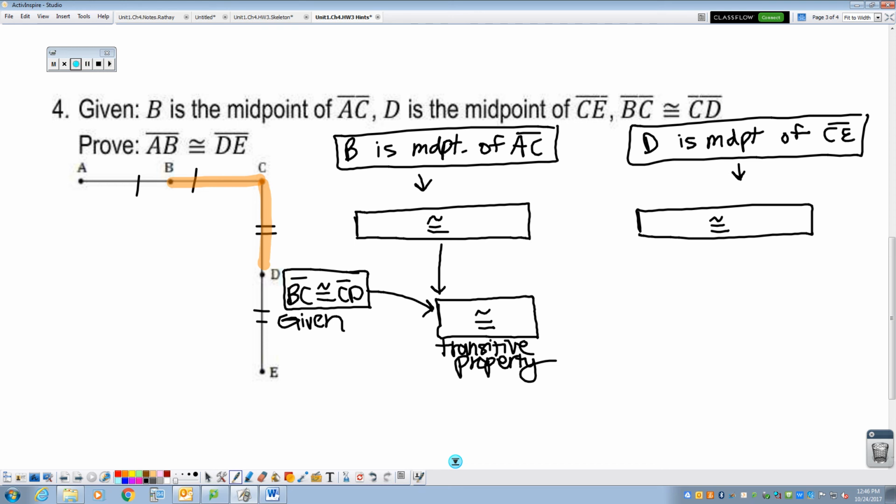And then, if we take that and pair it with what we have in this box, and we do another round of transitive property, our proof is complete. So see if you can fill those in based on these hints.